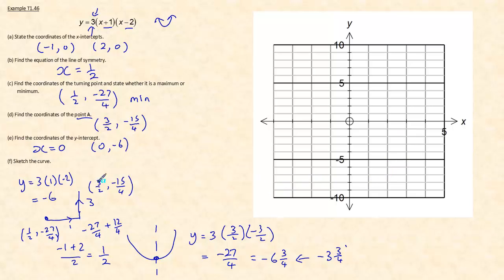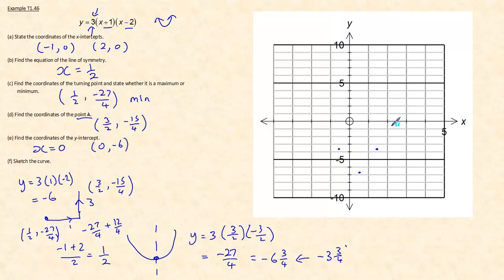So let's put on what we can for sketching the curve. We know that the turning point is at (a half, -6 3/4). So that's going to be about here. Then the point we called A is at (1 1/2, -3 3/4), so that's about here. And then by symmetry there must be a second point just here.